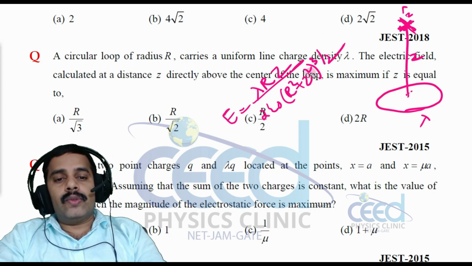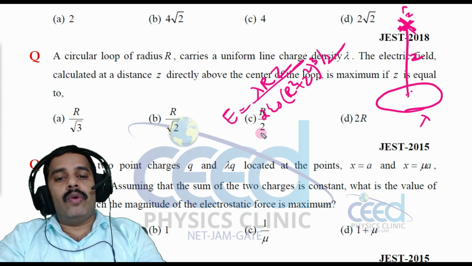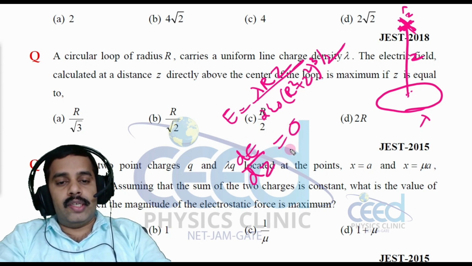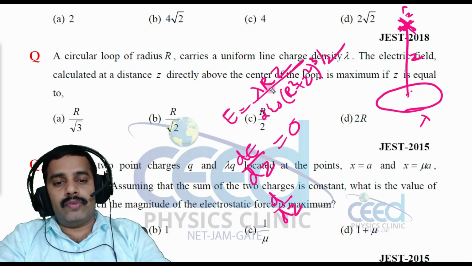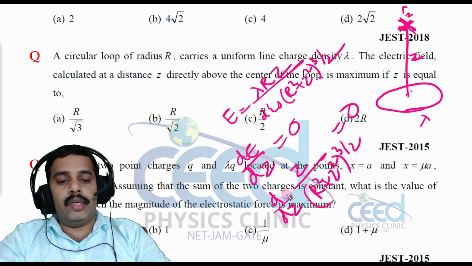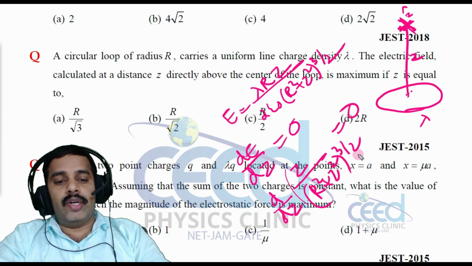Alright. So this electric field should be maximum only when dE by dz is equal to 0. So we can differentiate this: d by dz of lambda r by 2 epsilon 0, all constant, into z by r square plus z square whole raised to 3 by 2. This should be 0 when the electric field is maximum.